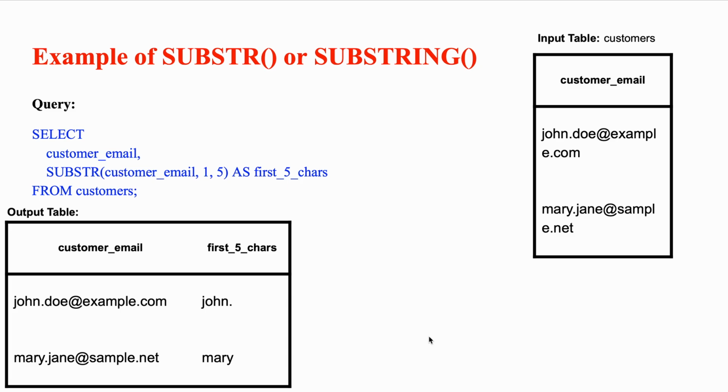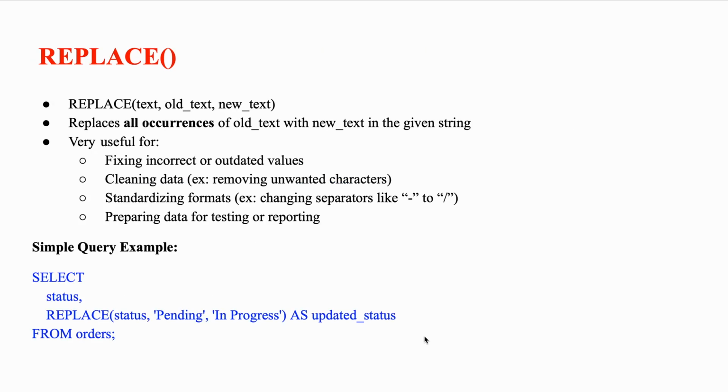Using the SUBSTRING function, we can extract the first 5 characters from each email. As you can see, the output shows the first portion of each string. This is really helpful when you need to extract a specific part of text like a prefix, code, or section of an email or product ID.